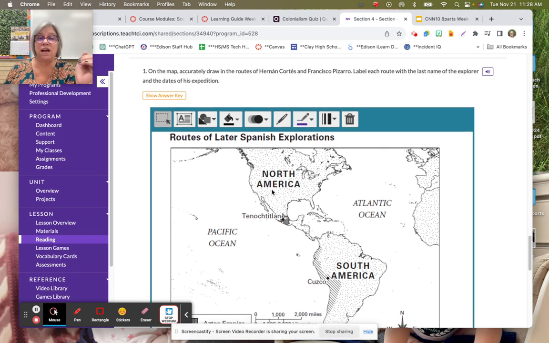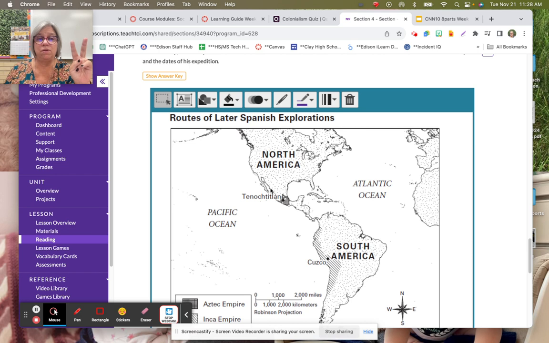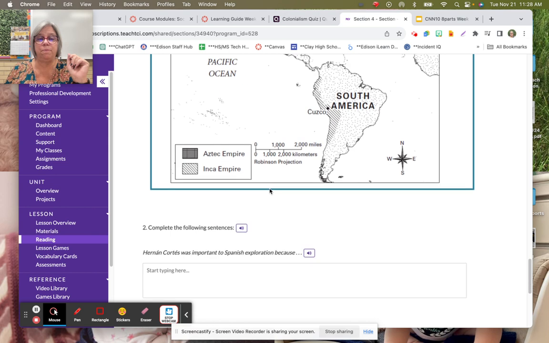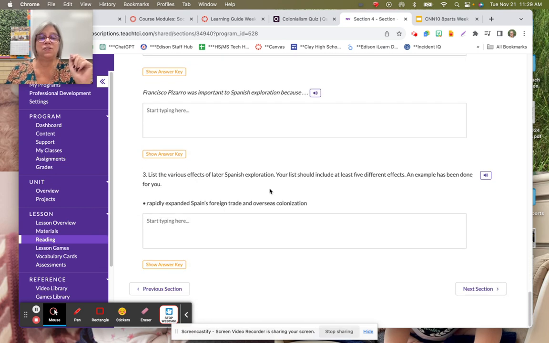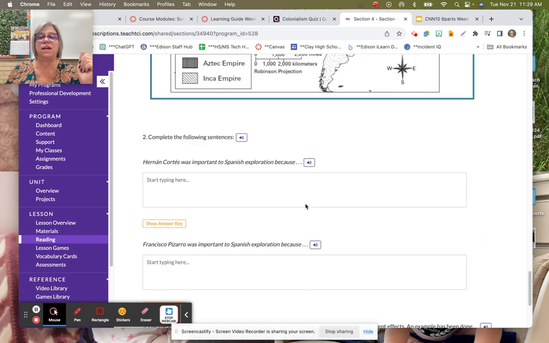So just like the last one, 2 routes labeled. Each one will have a different last name, so 2 last names and 2 dates. Then complete the following sentences. And again, list the effects of Spanish exploration, 5 different effects, and there is one that has been done for you.